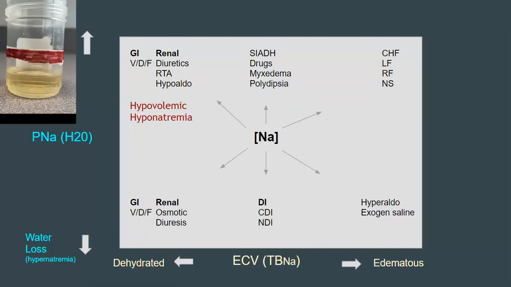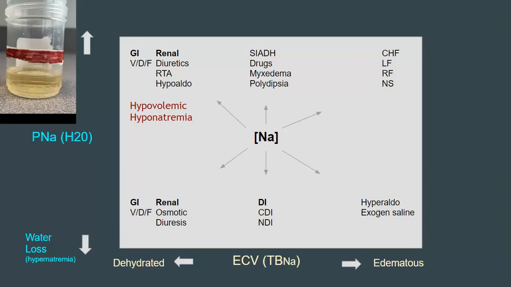First, hypovolemic hyponatremia. So this is a picture of the patient. Let's pretend the patient's body is like a cup, and let's pretend this line in the middle is where the volume status should be. Anybody with a volume status underneath this line, we're going to say is hypovolemic. And when we look at the concentration of the fluid, I'm going to tell you that I made this fluid with a drop of betadine soap in a little bit of water.